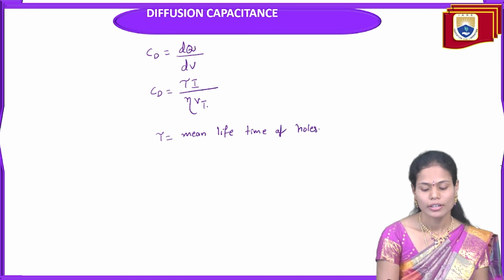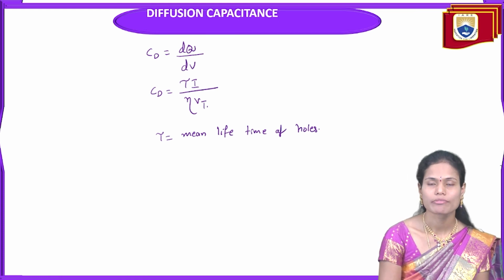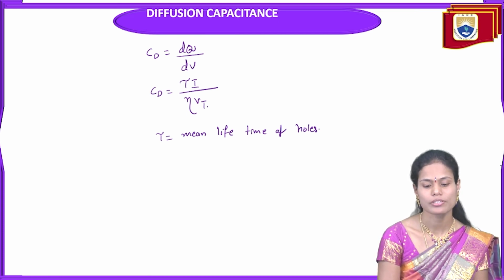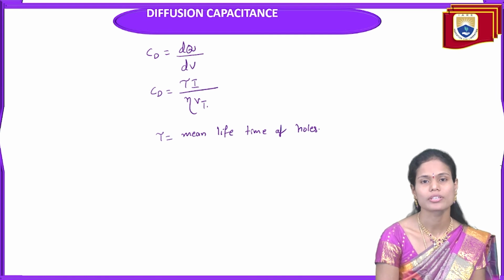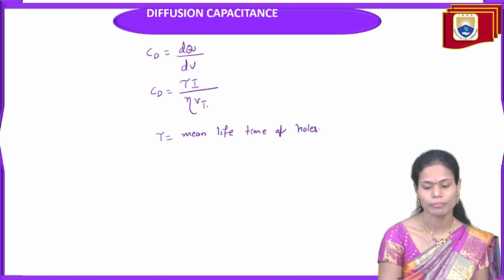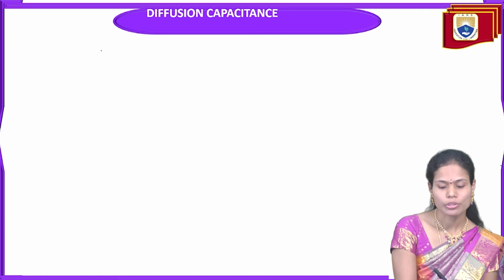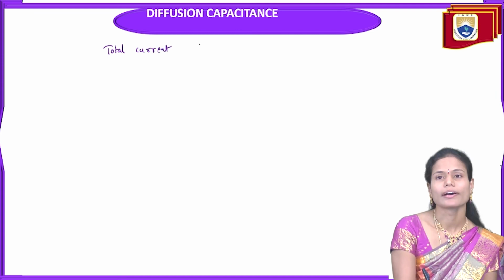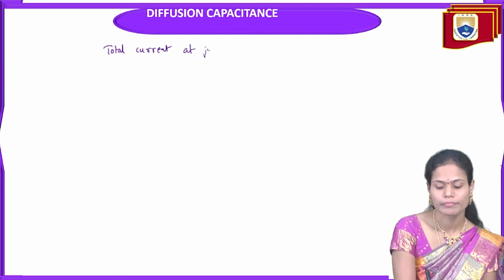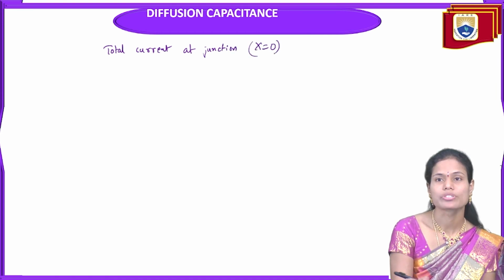Next, if we want to derive the expression for this diffusion capacitance, I am considering the total current due to the electrons as well as the total current due to the holes in the PN junction diode. That is the total current at the junction when x equal to 0.